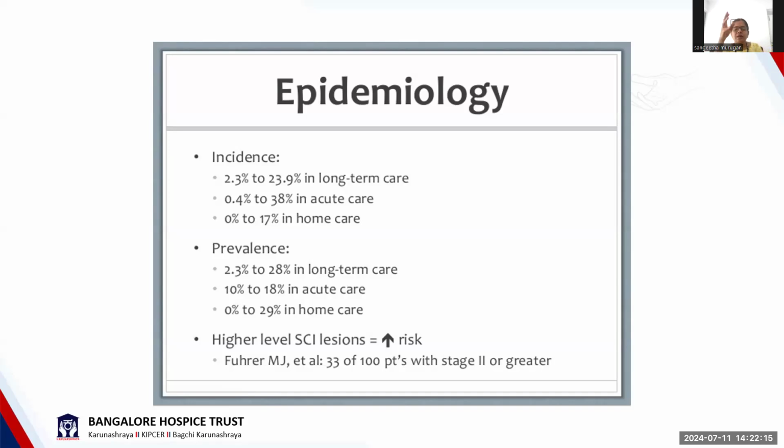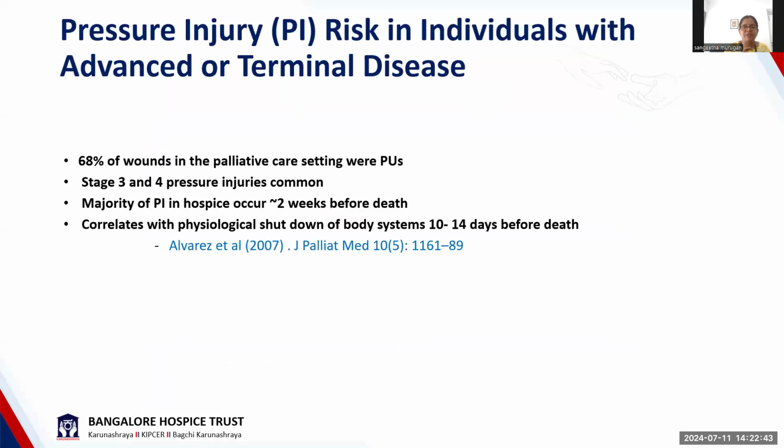Looking only at the care settings, patients in long-term care have almost 23.9, about 24%, and home care patients. But if you look into the prevalence, home care patients are more than long-term patients. And you can see a lot of pressure ulcers in neurological patients because of spinal cord injuries. This is based on the evidence.